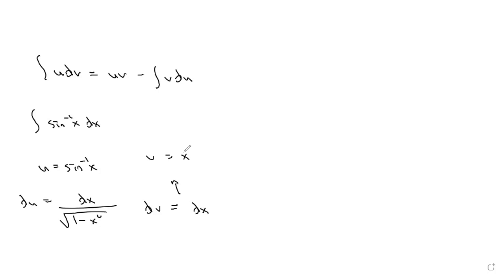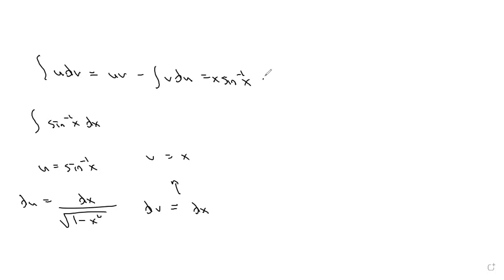And now we plug everything in. So let's do that. U is sine inverse x. V is x. And I'm just going to write the x on the left side, just again, so the reader doesn't think that there are two x's plugged into sine, because that wouldn't make any sense.